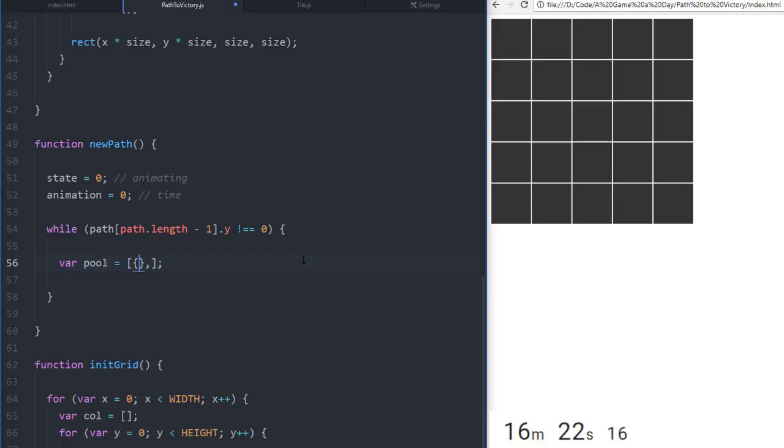So each of these will be an object. No, I don't think we need a pool. Well, possibly. So yeah, var pool equals an array.